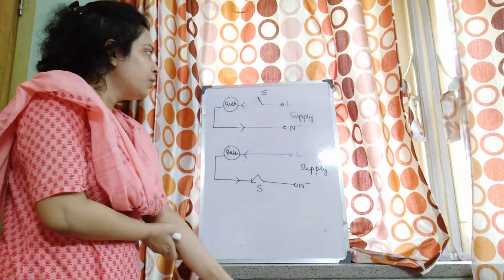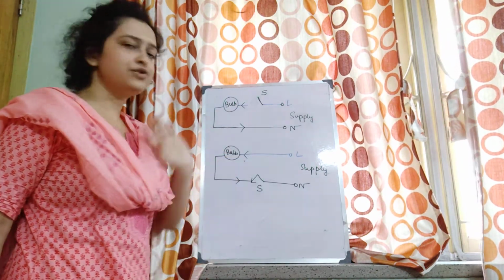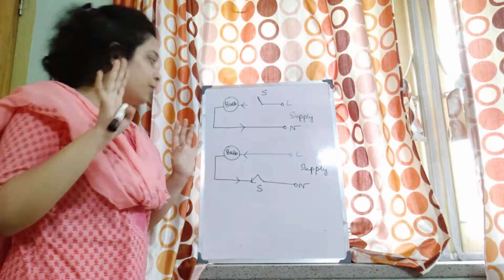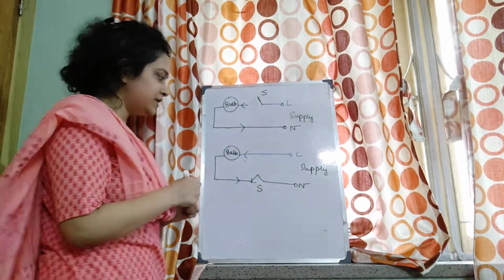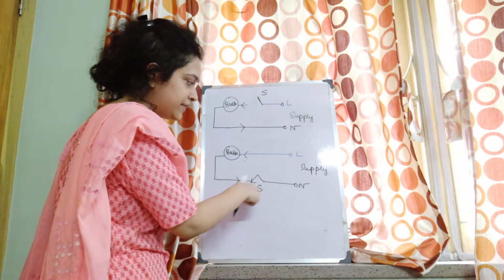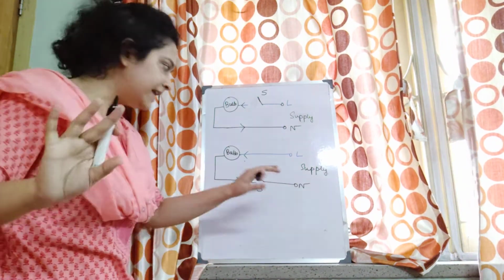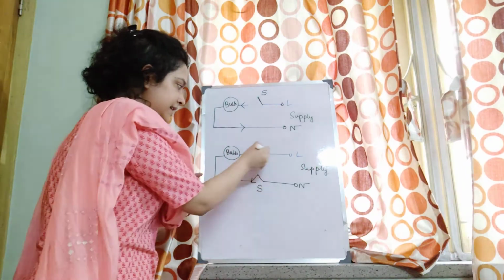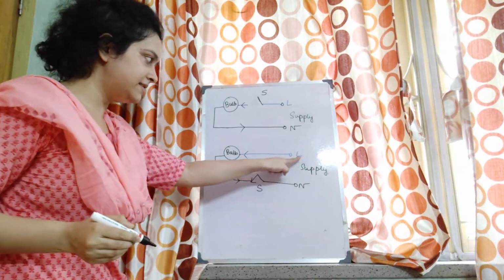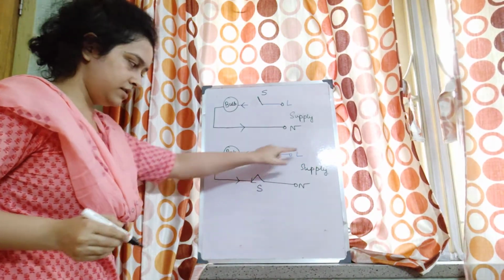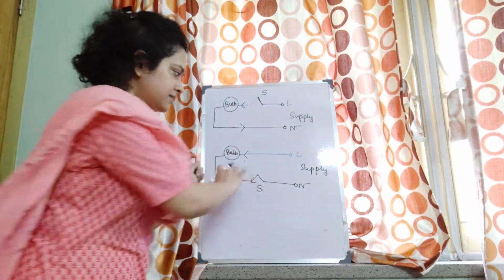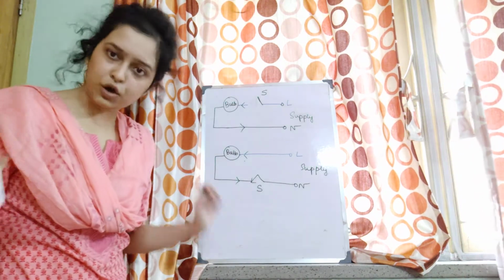Now, the bulb is still connected to the neutral wire. But will it cause any problem? No. But imagine if I had connected the switch with the neutral wire. When the switch is on, fine, the live wire is carrying the current from the supply, going and coming back, the circuit is complete, and the bulb will glow.